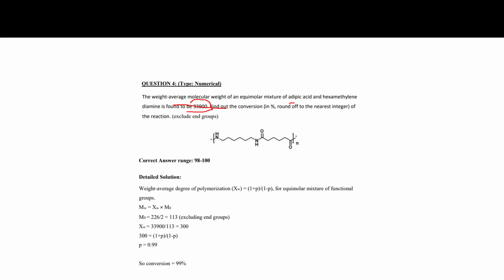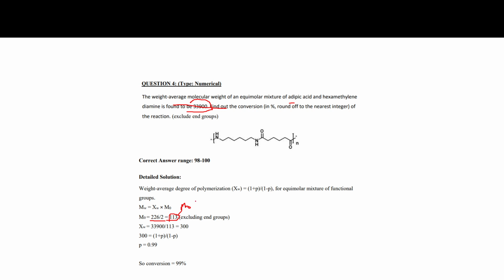From there we can calculate the repeating unit molecular weight, which is divided by its average functionality, so we get the m0 value, the effective repeating unit molecular weight for this calculation.